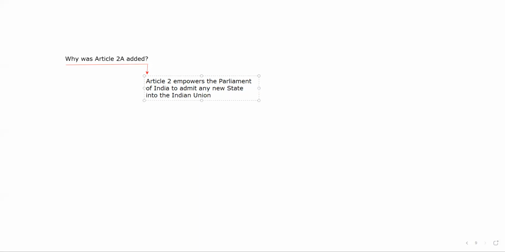This is the important point here. But the Constitution of India provides for only three types of units.